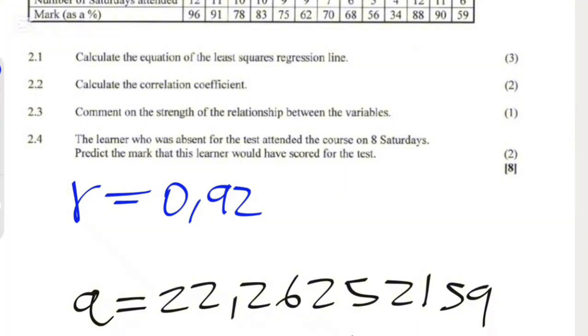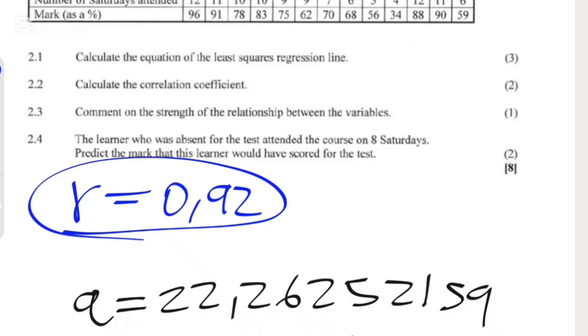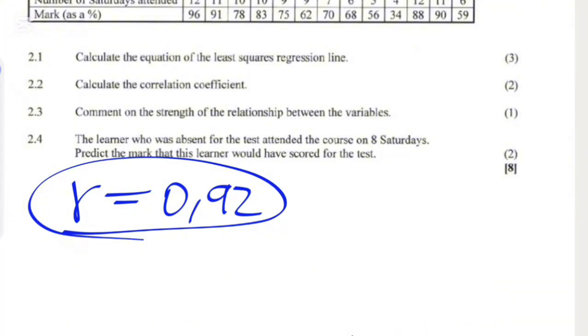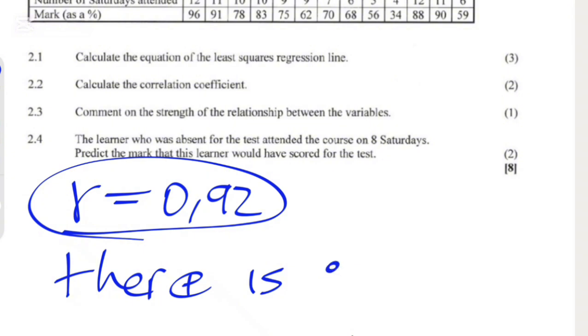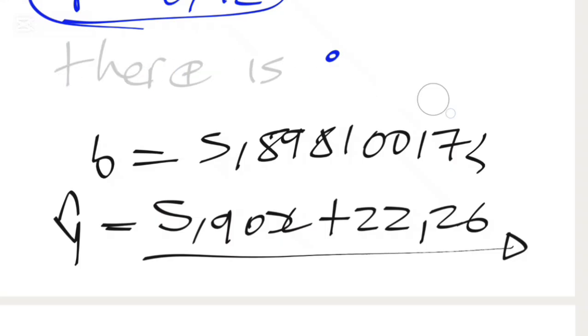So 2.3, comment on the strength of the regression between the variables. Okay, look at the value of the correlation coefficient. It is close to 1. So since this is close to 1, you can easily say that there is a very strong relationship between them, or you can say between the variables. Let me create room so that I write properly.